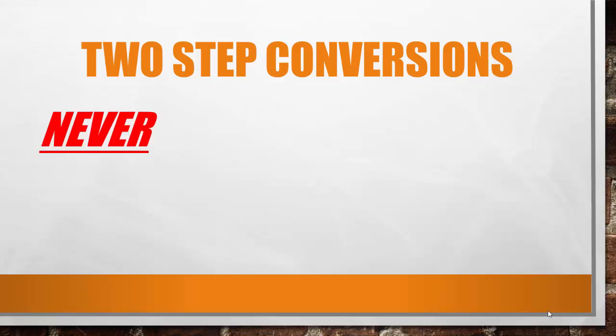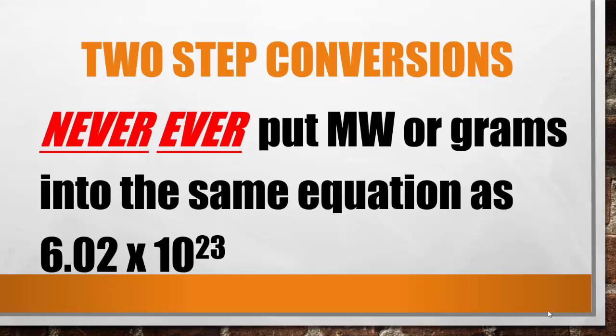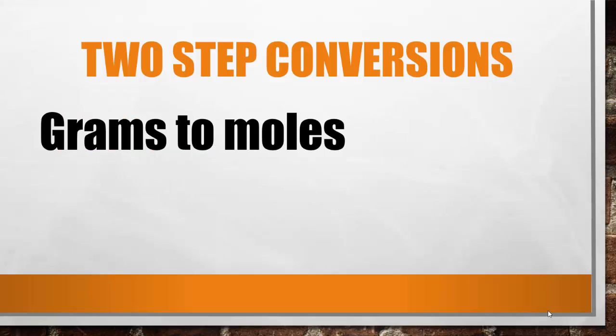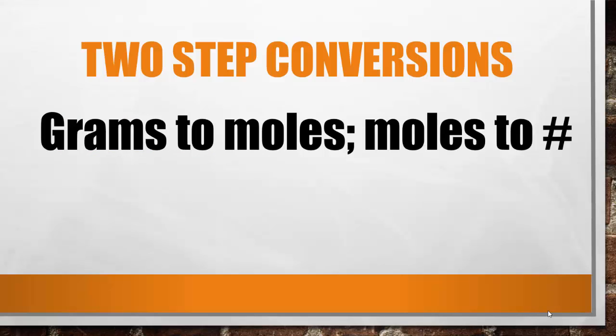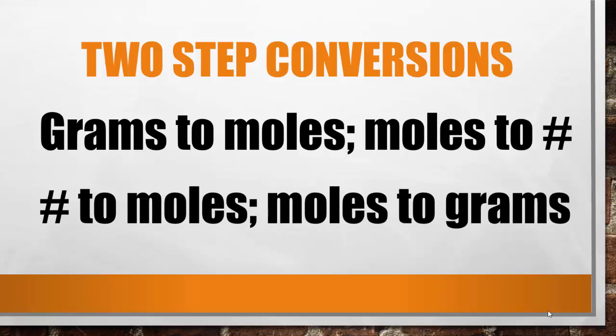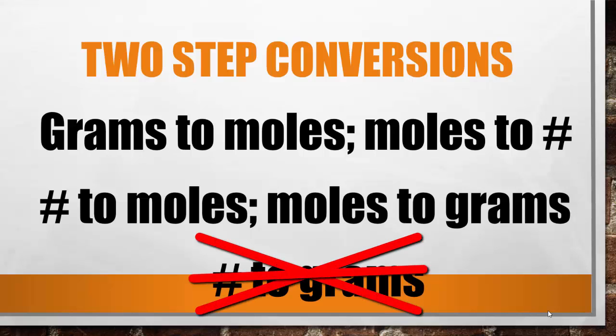So you need to remember that you never, ever put molecular weight or grams into the same equation as 6.02 times 10 to the 23rd. Never, ever. So you can go from grams to moles and moles to particles, and particles to moles to grams. You cannot go from total number of particles to grams in one move.